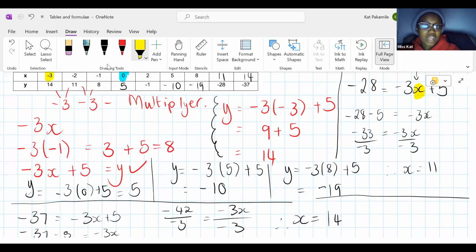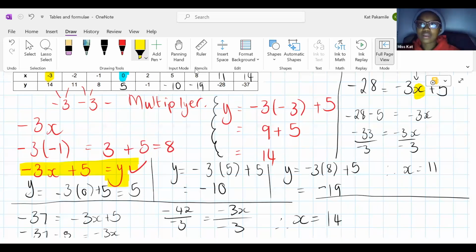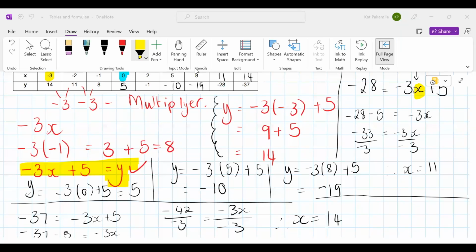So if I want to find out what Y is, then you put -3 where you have X in the formula. Here is our formula. Maybe I should highlight it. There's the formula. So if you want Y, you substitute X. But if you want X, you substitute Y. There we go. Do you get it? Yes. Beautiful. -3 brackets, negative 28 close brackets plus that digit. Yes. Okay, thank you, ma'am.